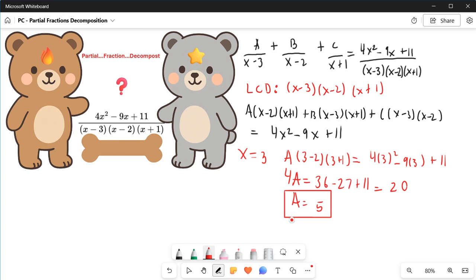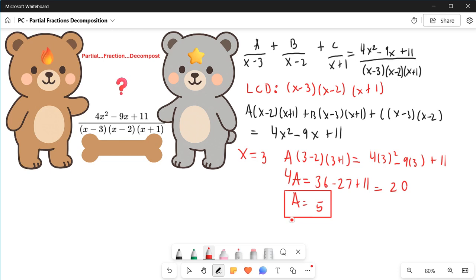Okay. Now, to continue this, notice that we have A equals 5. But if we plug in x equals 2, what is that solving for? It's solving for B, in actuality.